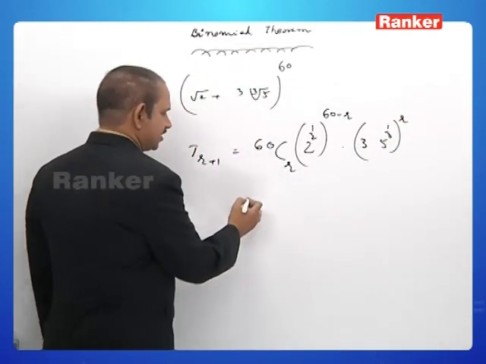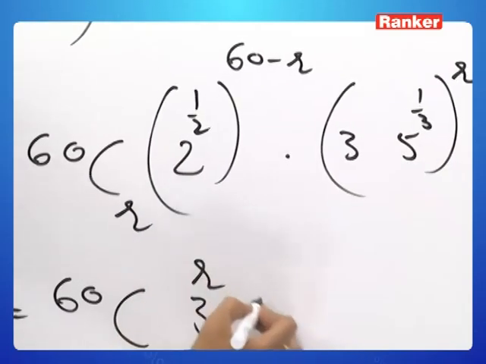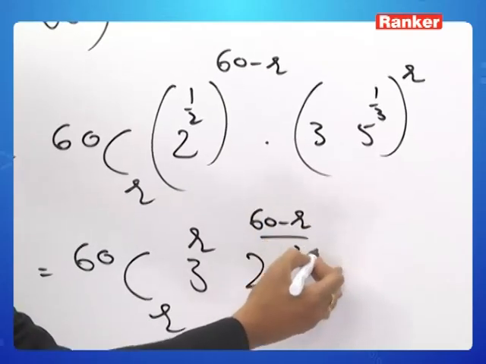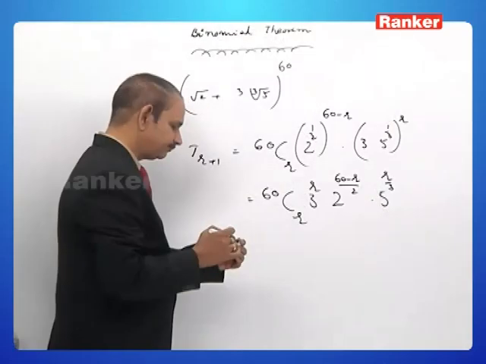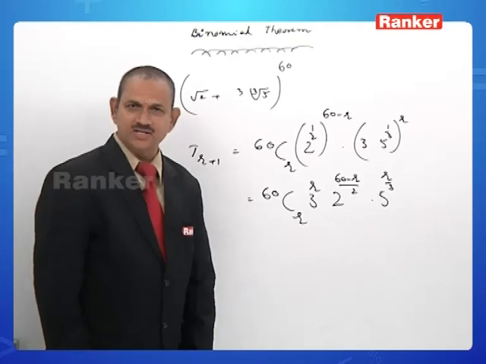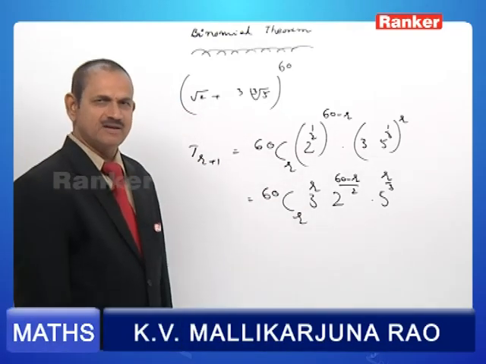On simplification, it becomes 60 Cr 3 power r 2 power (60 minus r) by 2 into 5 power r by 3. Good. 60 Cr is an integer, 3 power r is an integer for any integral value of r.